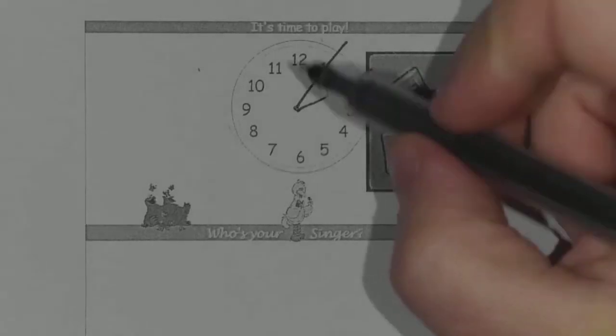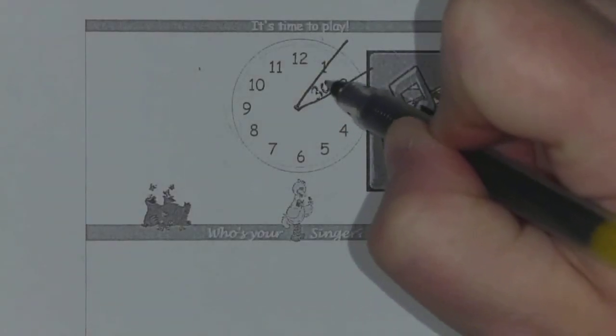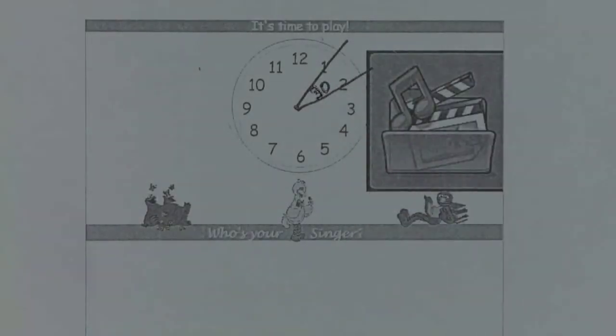Well, how many degrees are in the whole circle? And how many equal parts did I break it into? 12. So 360 divided by 12 tells you how many degrees each one's going to be. So yeah, 30. So each piece of the clock is 30 degrees between the two angles.